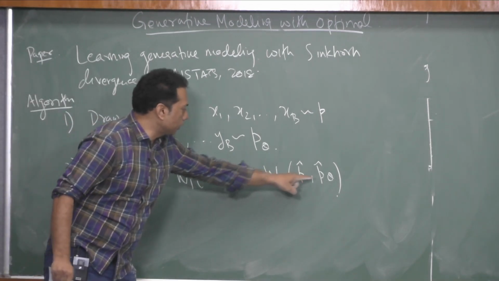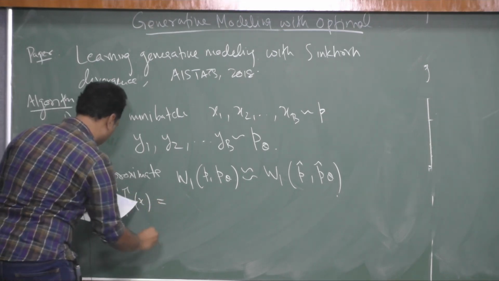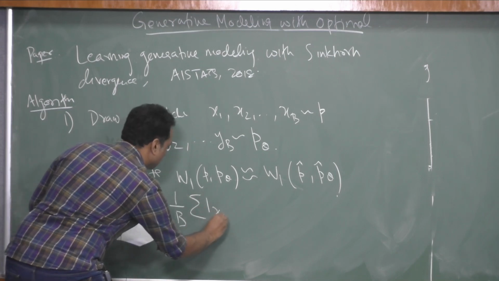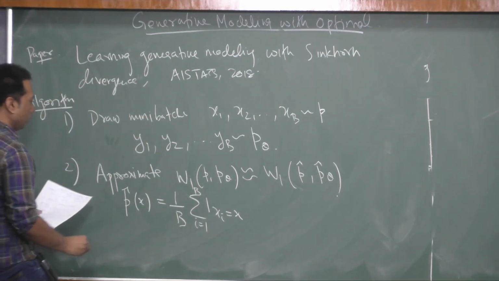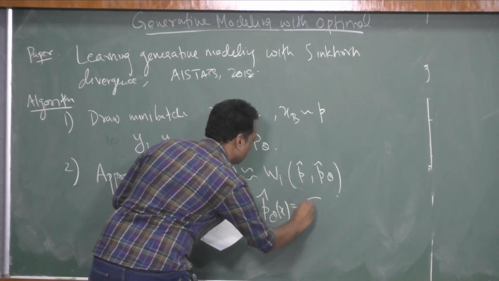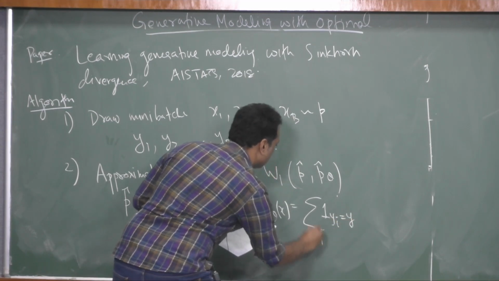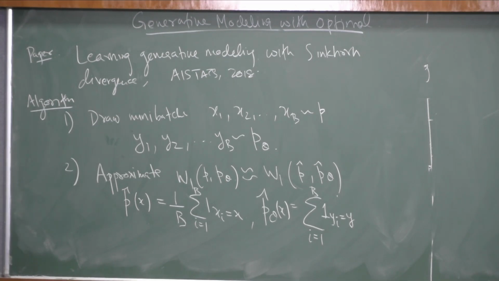So we define this discrete as a histogram. So p hat is a distribution that we created out of these samples. So basically PMF, 1 if x_i equals x, i equal 1 to b, and then p hat theta of x is 1 if y_i is x, i equal 1 to b. Okay. So given samples, we can always create a distribution based on the sample like this.